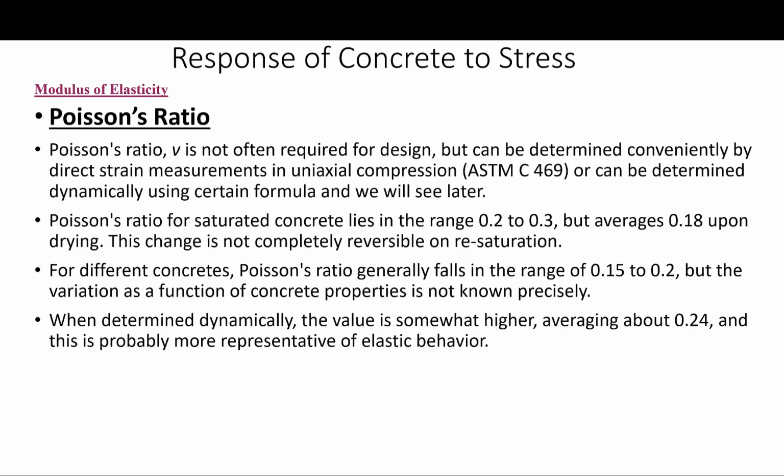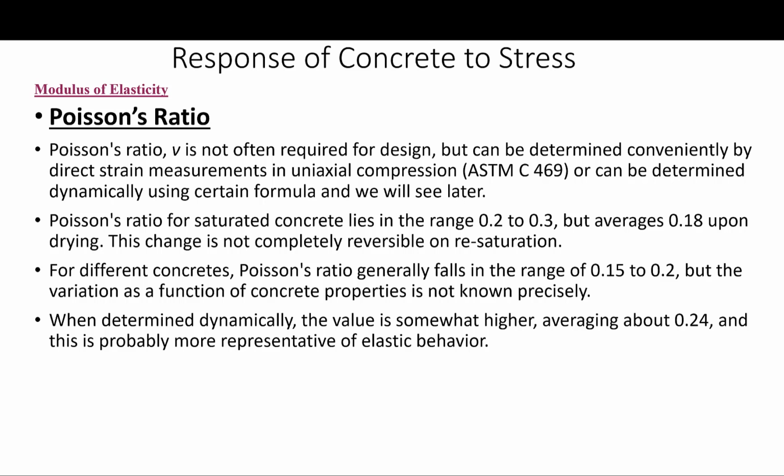Let me go back. One more term before I finish this lecture is Poisson's ratio, or simply nu in Greek letters. This value is not often required for design, but can be determined conveniently by direct strain measurements in uniaxial compression according to ASTM C469, or can be determined dynamically using a certain formula, which we will see later.